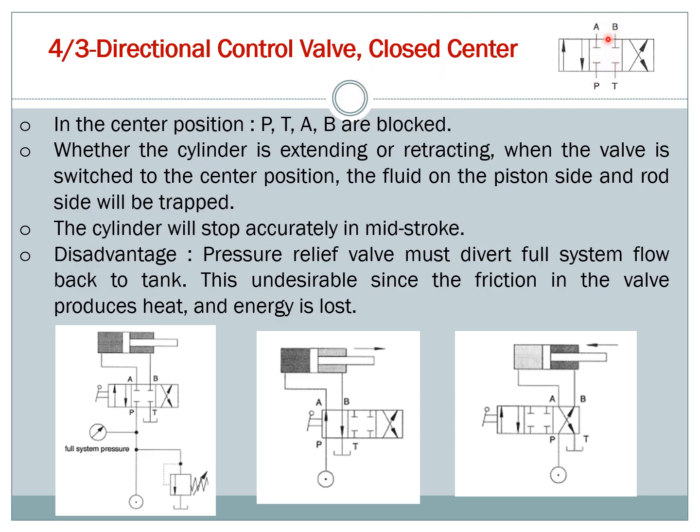Closed center means all the ports, you have four ports here, port A, B, pressure and also tank, will not have connection in the unactuated position. Okay, in the center position, P, T, A, B are blocked. Whether the cylinder is extending or retracting, when the valve is switched to the center position, the fluid on the piston side and rod side will be trapped. So in the center, no hydraulic fluid flow will happen. Okay, so the cylinder will stop accurately in the middle of the stroke.